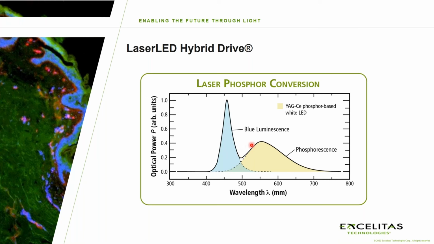So what we did is use this technology, and instead of using a blue LED to excite the phosphor, we used a blue laser to excite the phosphor. And this was the result.